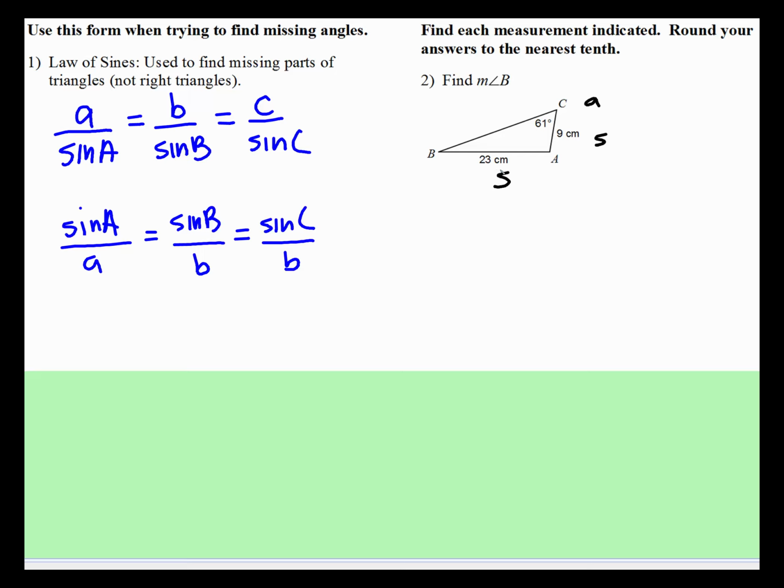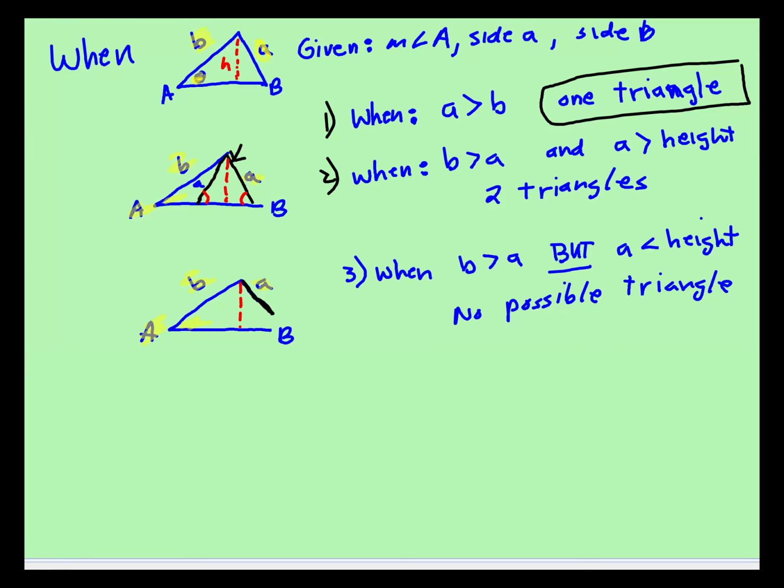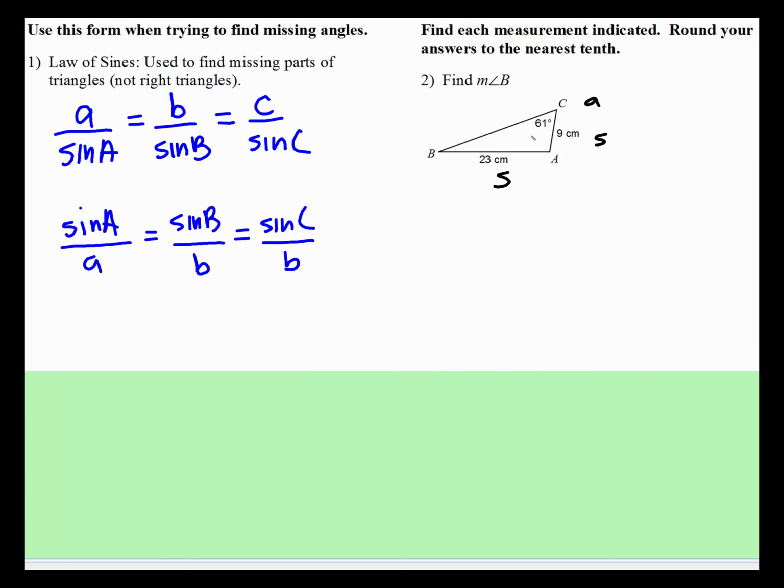This opposite side is bigger than the adjacent. So in this scenario, notice the opposite from wherever the angle is, the opposite is bigger than the adjacent. You're going to have one triangle.